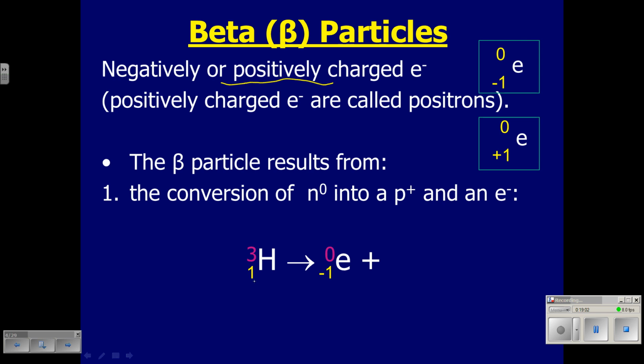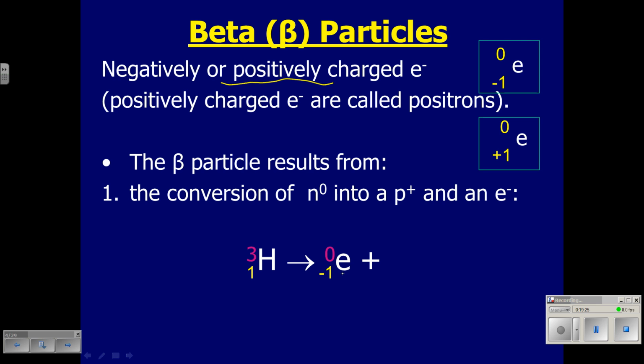Remember, I just said atoms are the most stable when they've got about the same. So this is unstable because this hydrogen atom has 2 neutrons to 1 proton. So what it will do is it will eject a beta particle. It will eject an electron right from the nucleus, which is also a strange idea.